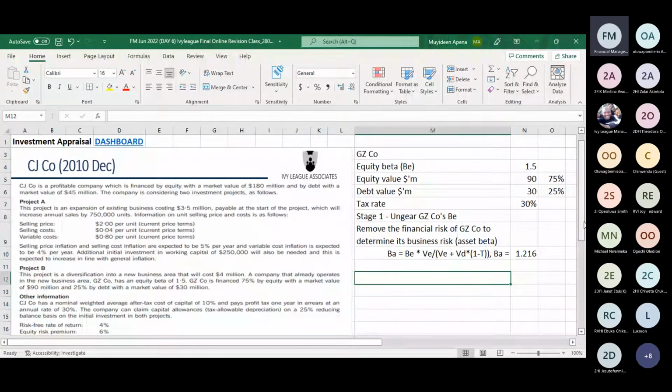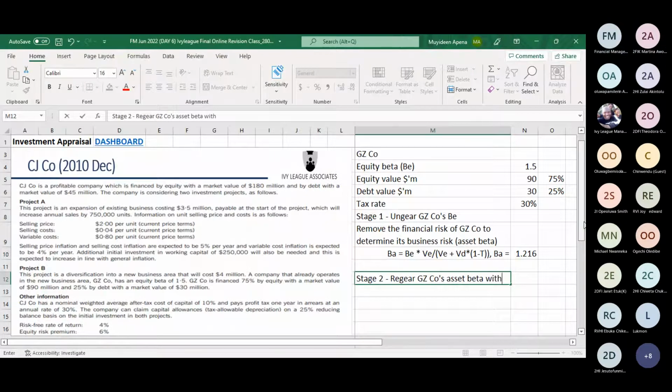What's the next stage? Regear it using CJCO's debt and equity. Regear. How are we regearing? GZCO's asset beta, isn't it? Capitals of CJCO.